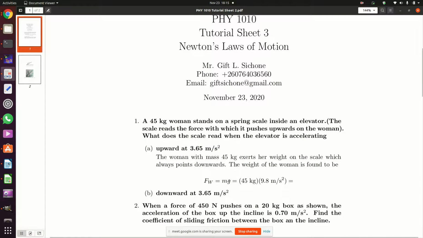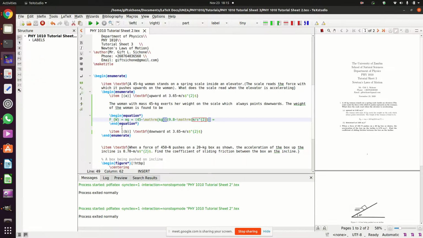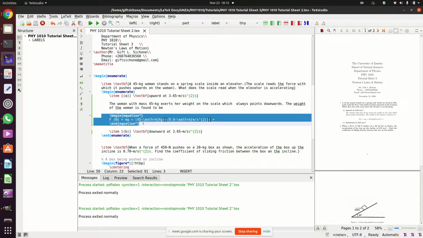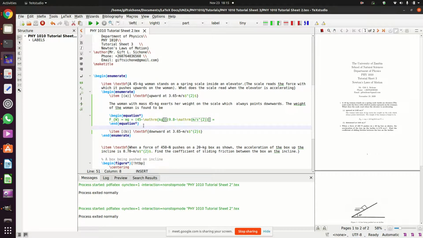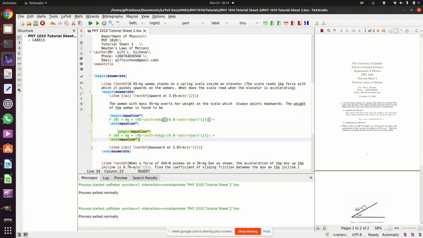So how much weight do we get? 45 times 9.8. What's the weight?